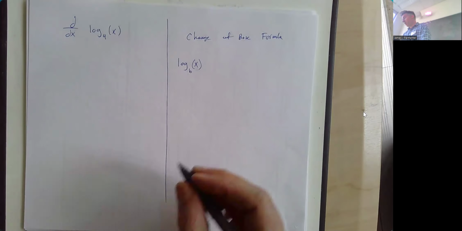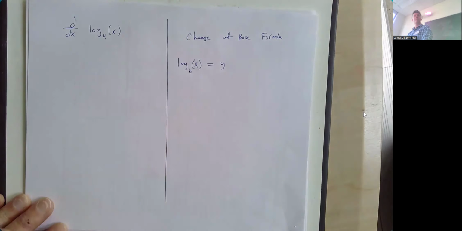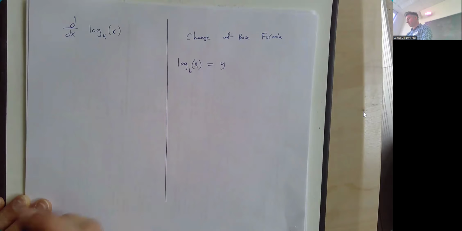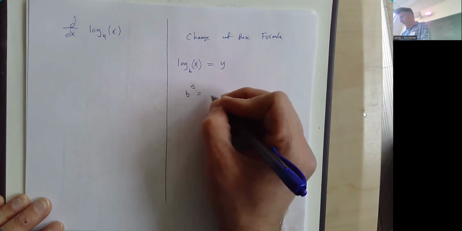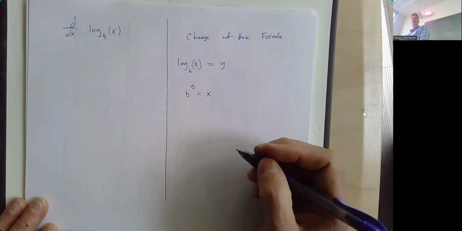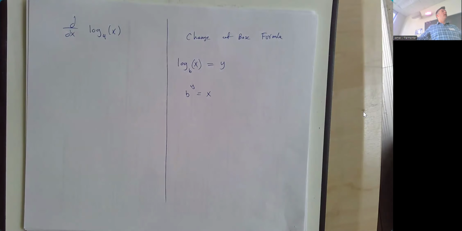Let's actually just derive it. Let's say that this is equal to y. Let's rewrite this as an exponential equation: b to the y equals x. And let's take the log of both sides. Which base? Whatever base you want. Natural log, meaning log base e, or log base 10, or log base anything. Let's go very general and just say it's log using the base a, where a can represent any positive number that's not 1.